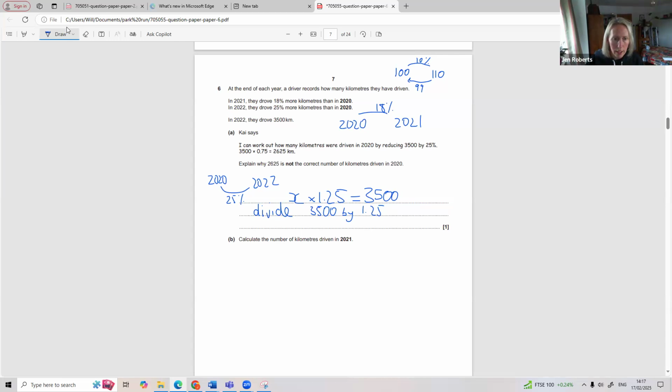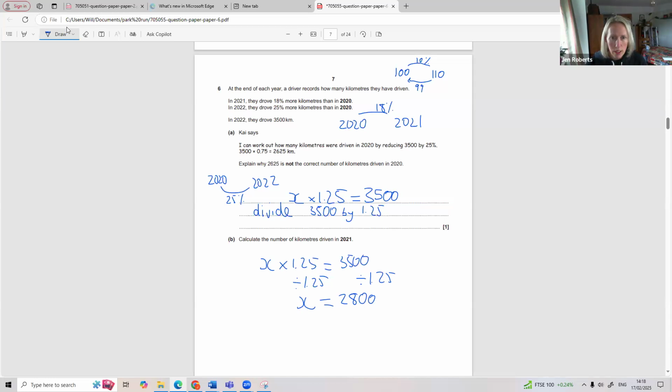Okay, calculate the number of kilometres driven in 2021. So let's actually do that. Let's work out 2020 first by dividing 3,500 by 1.25. In 2020, the number of kilometres was 2,800.